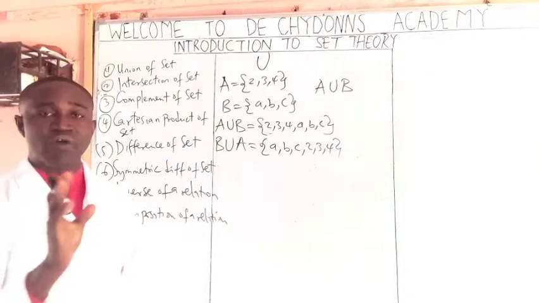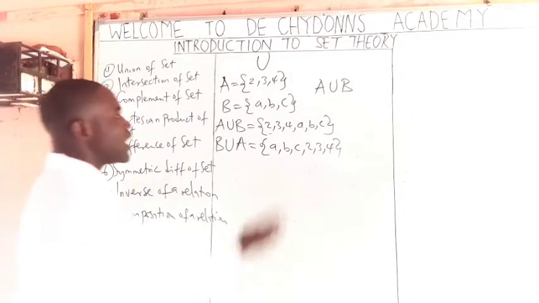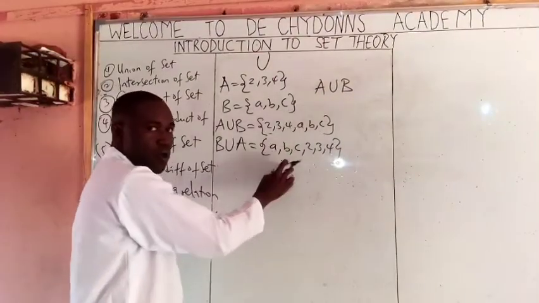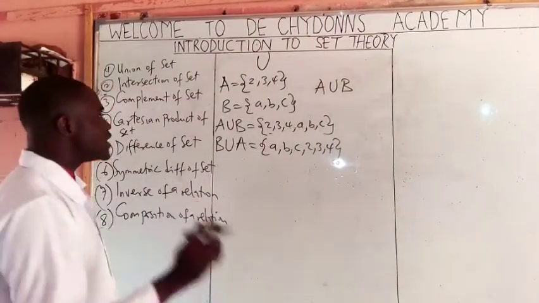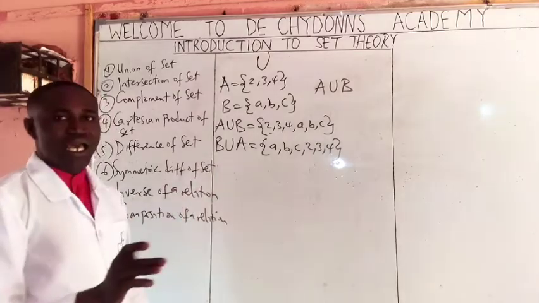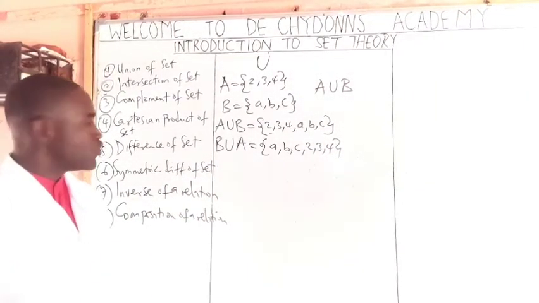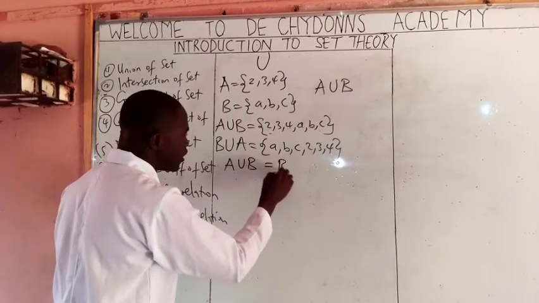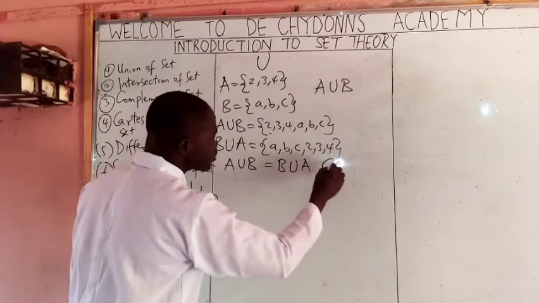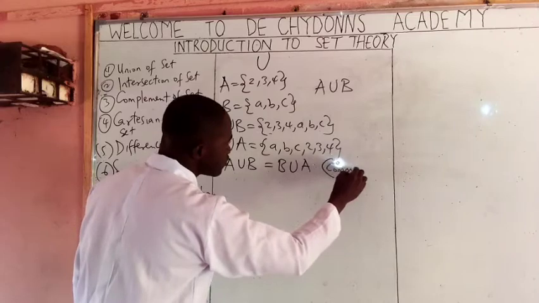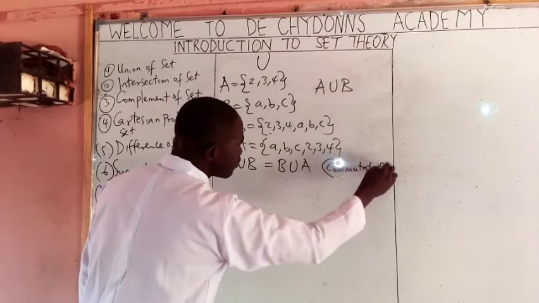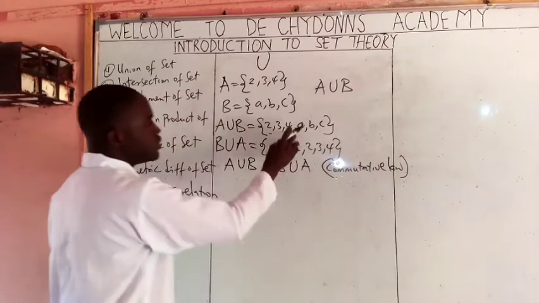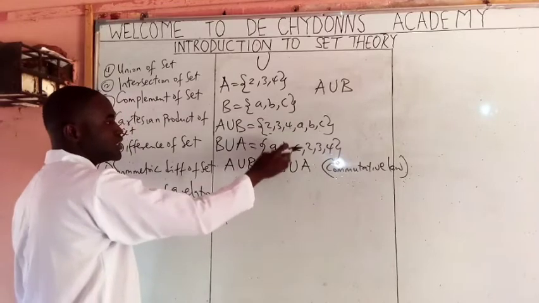Yes, irrespective of their position. So you say these two sets are equal. In other words, we say union of two sets are commutative. We now say that A union B is equal to B union A. This is commutative law. Because we have seen that it is true here.